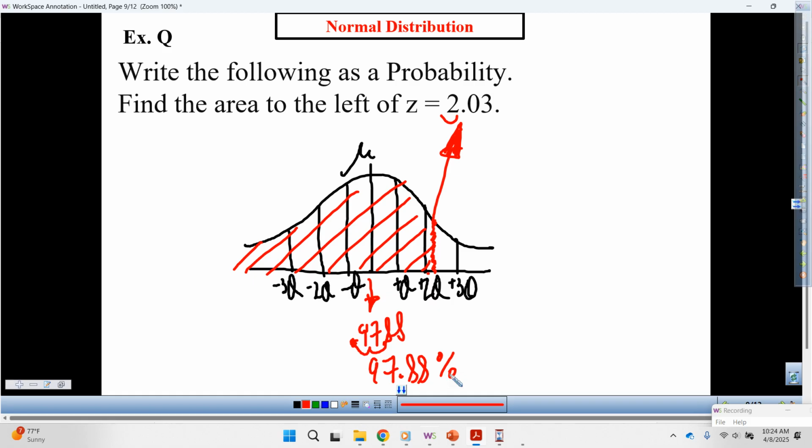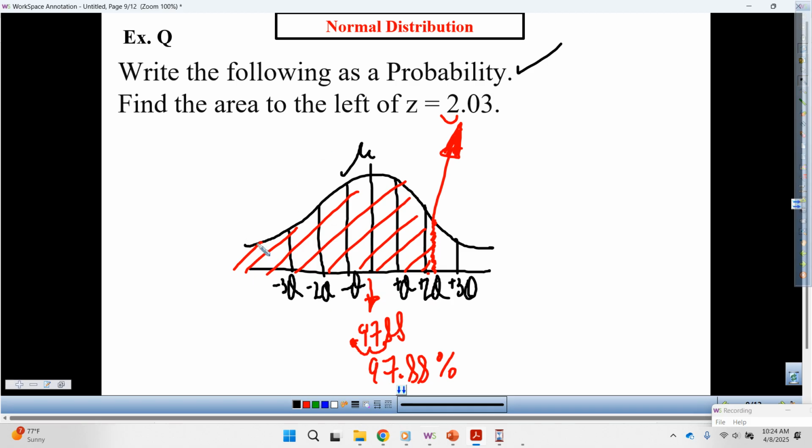All right. But today, we're adding one more component, which is this one. Write the following as a probability. How do we write this as a probability? Here it goes. The probability, and this is where we're headed, guys. I'm trying to put all the nuts and bolts together because we're about to get into the word problems where you have to do all of that from a word problem. So it might sound something like this.